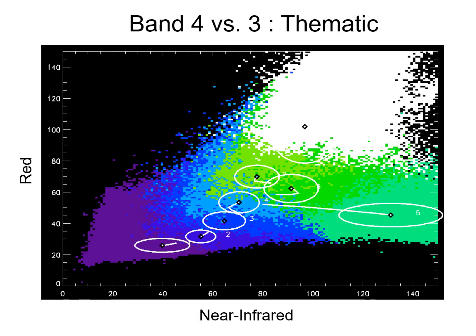Then this is band 4 versus 3 thematic. So this shows you which class winds up in which cluster each pixel is associated with. In particular, what's interesting is if you look at that first cluster down there at the lower left, the mean position of that cluster has very little to do with water.